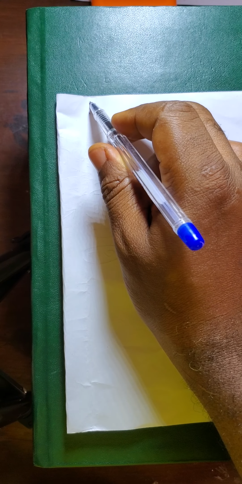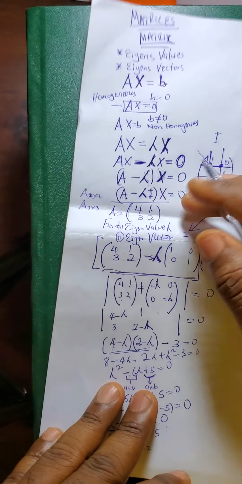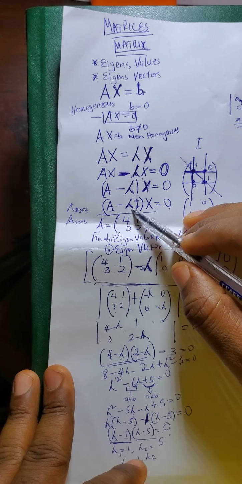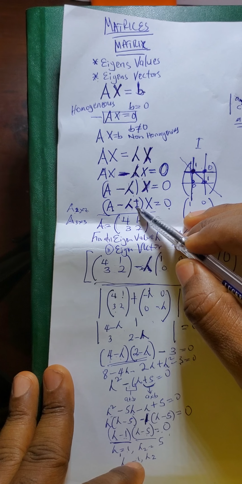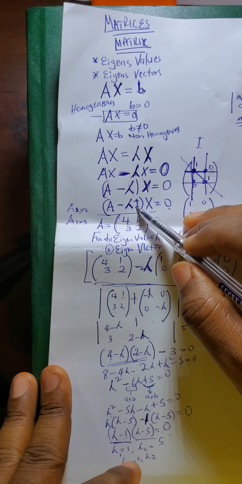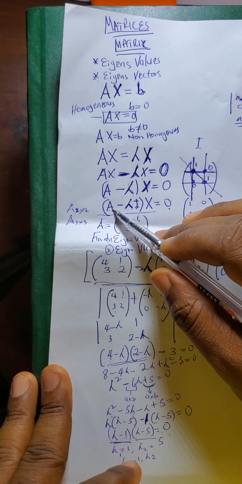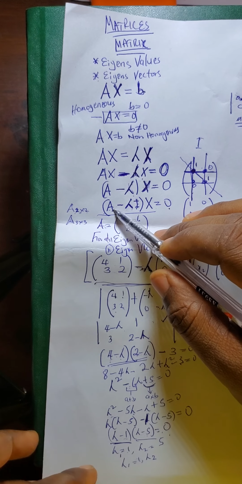When lambda 1 is equal to 1, we substitute into this original equation. So 1 times the identity matrix will give us the identity matrix, with the original matrix A that we have here before.